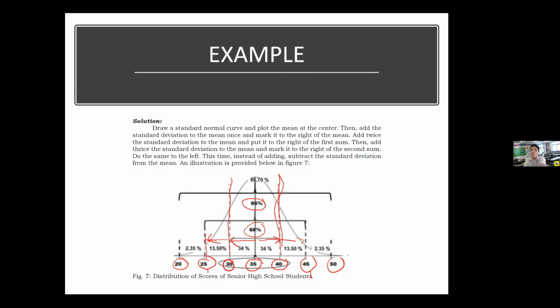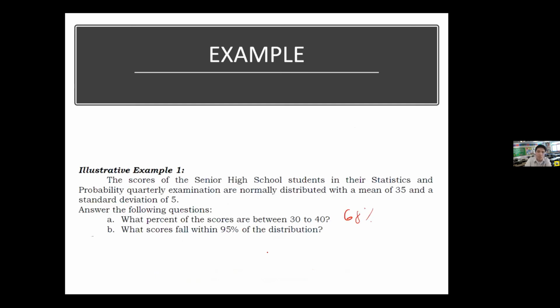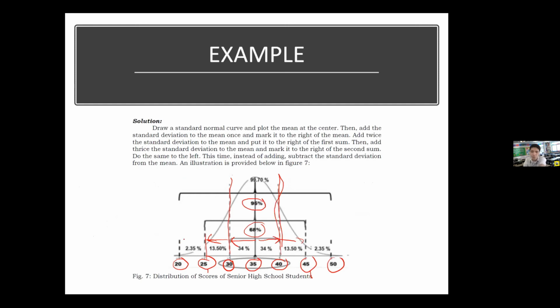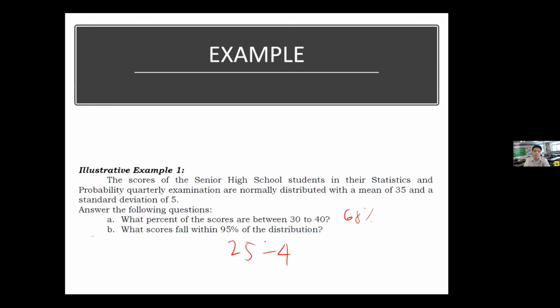So ang answer nato dere, the scores that fall between 95% of the distribution is 25 to 45. So mao ni nga interval ang 95% sa distribution. Meaning 95% sa estudyante ng score is nasa range na 25 to 45.